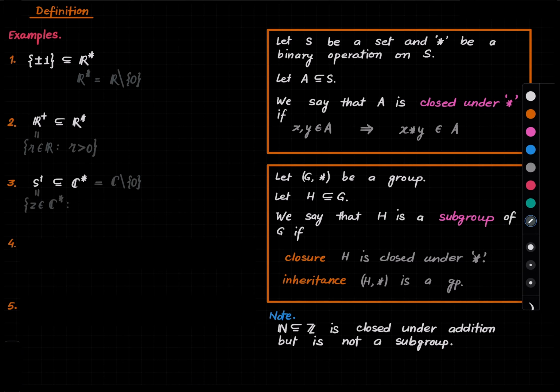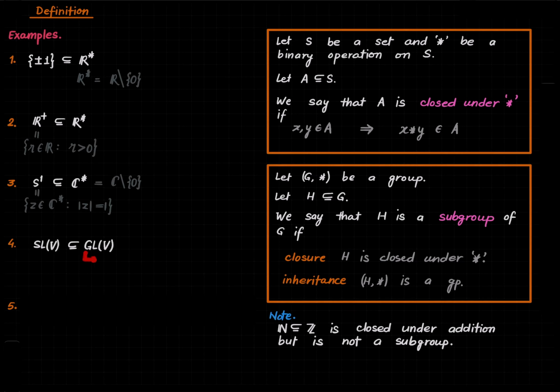Doesn't change anything, but still. And clearly this is a subset of C star. This is closed under the usual multiplication of C star, because multiplication of two unit magnitude complex numbers leads to a unit magnitude complex number. And you know that this is a group under that binary operation. We discussed this many times. Another subgroup.